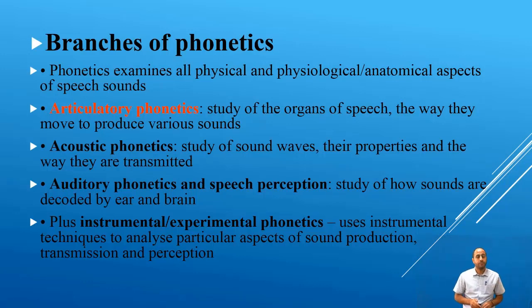It includes three main branches, in addition to a fourth one, which is already mentioned. The first branch is referred to as Articulatory Phonetics, whose job is to study the organs of speech, how they are used to produce the different groups of consonants and vowels.